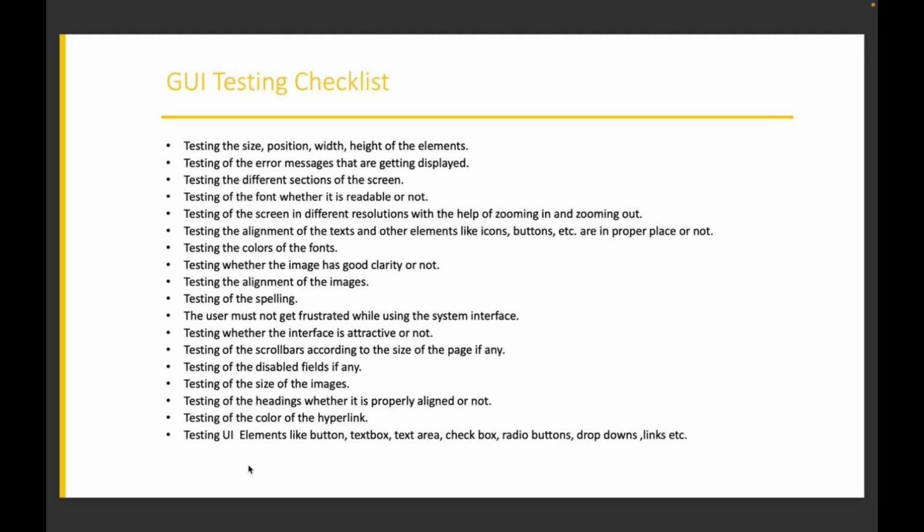Obviously this list will keep on increasing if your site complexity is high. You need to make sure that all the points mentioned here are validated, and on these points you need to give double confirmation. And one more thing, you will get the button and radio button sizes and everything from the client, guys.